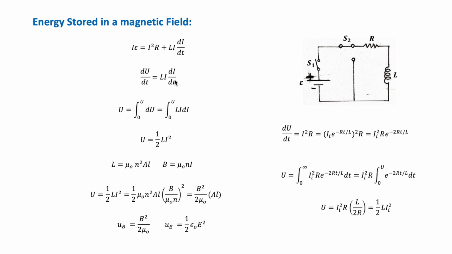And the total energy stored in the inductor at any instant is the integration from 0 to U of dU and is equal to half L I squared, where L is a constant. So this energy represents the energy stored in the magnetic field of the inductor when the current is I.